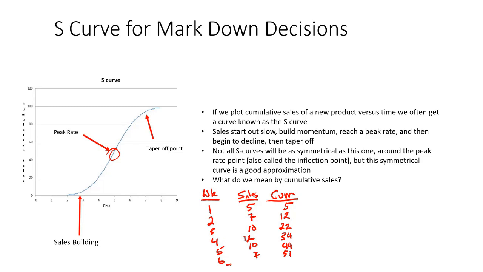And then finally in week 7, maybe we only sell 2 units, and cumulative sales are now 59. If we do a plot of this, cumulative sales over time, you can see our numbers start out slow, they build up, they go through a peak, and then they start to taper off. So that's what we mean by plotting the cumulative sales against time.